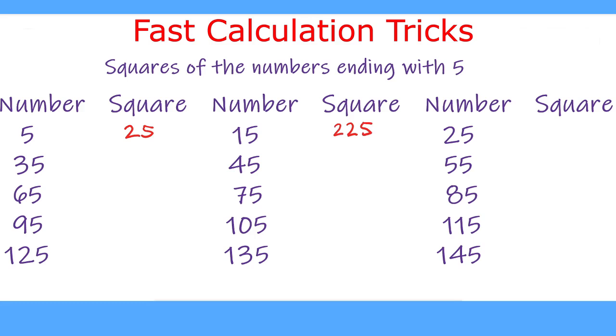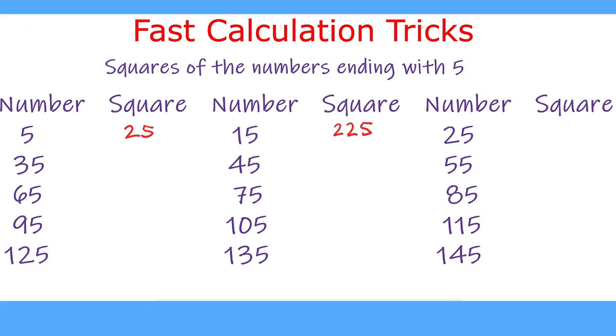This way we have to multiply after leaving the digit 5 which is at ones place. Whatever the number is there, we have to multiply it by the next higher number, and after writing that multiplication we have to add 25 at the right of the multiplication and we get the square of the number.